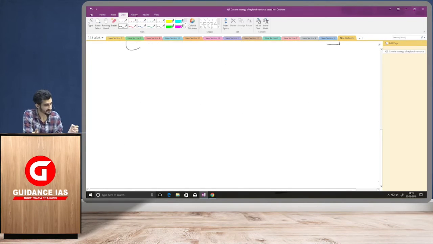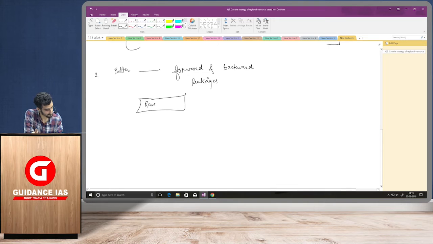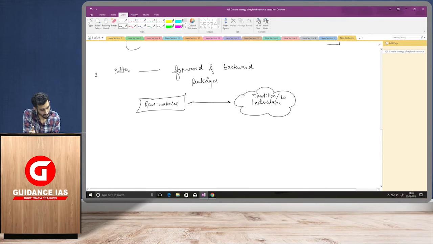Again, if you will see, it will create better forward and backward linkages, that is again from raw material then to industries, and these might be traditional industries, they might be local industries towards market.